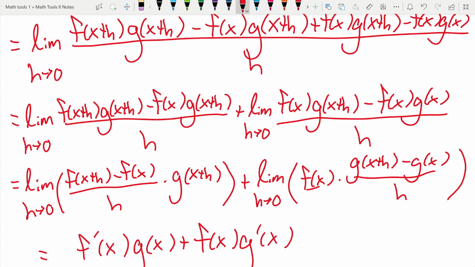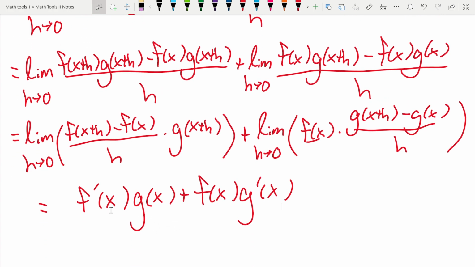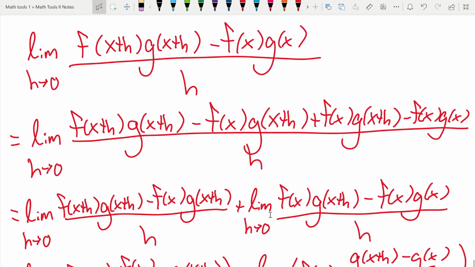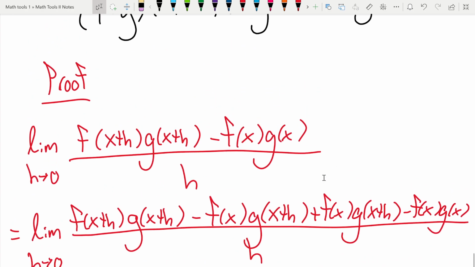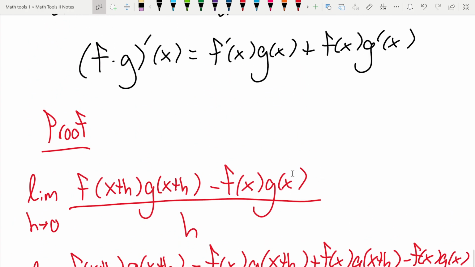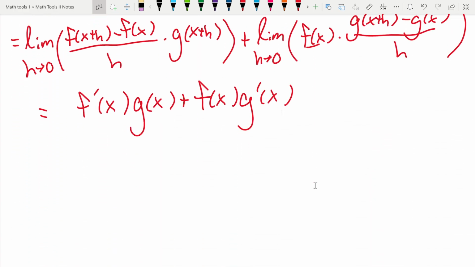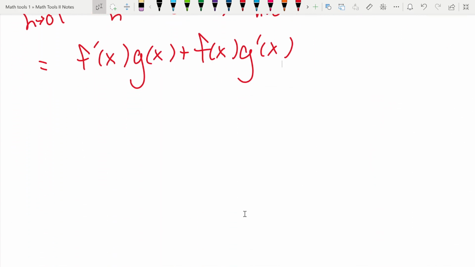Okay, so we get the product rule. It's a little bit long, but just inserting this one extra part, which is justified because it's equal to 0, and then we get the equality that we see up here. Okay, so let's go ahead and look at this one then.